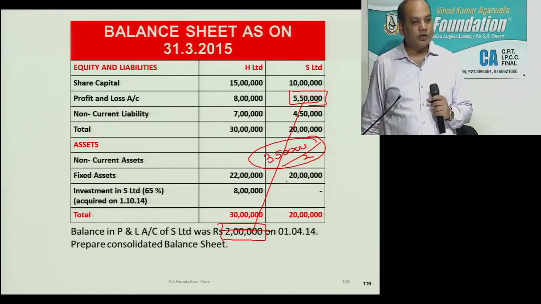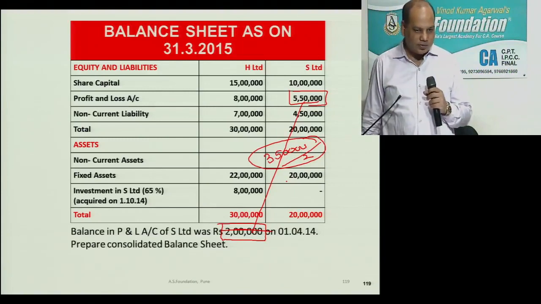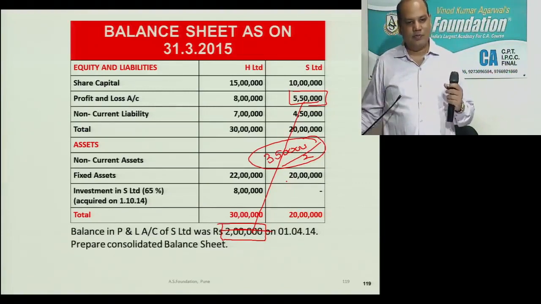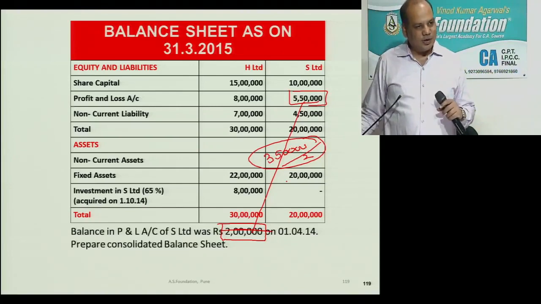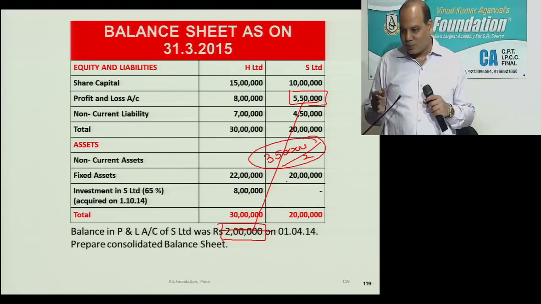So total pre-acquisition profit will be 3,75,000 and total post-acquisition profit will be 1,75,000. Okay. If you can do this much, you have won the case. Only have to find out how much is pre 3,75,000, post 1,75,000.